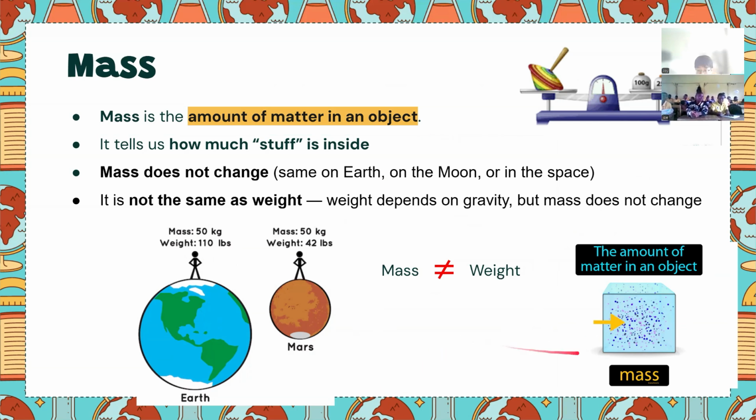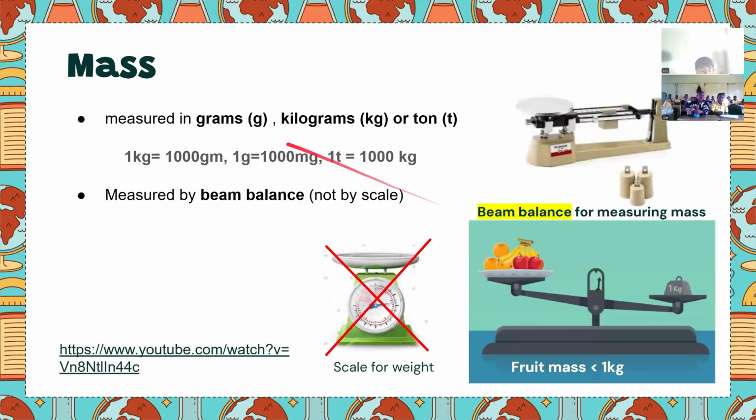Mass is always the same. Mass is measured in grams, kilograms, or tons. 1 kilogram is 1,000 grams. There are also units smaller than grams, called milligrams. 1 gram is 1,000 milligrams, and 1 ton is 1,000 kilograms.